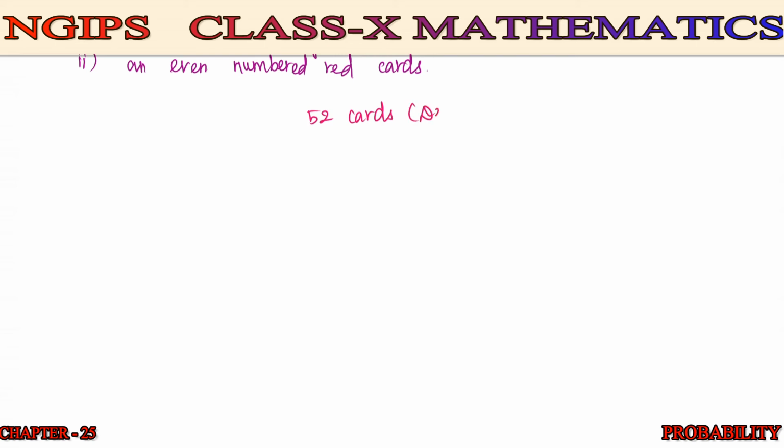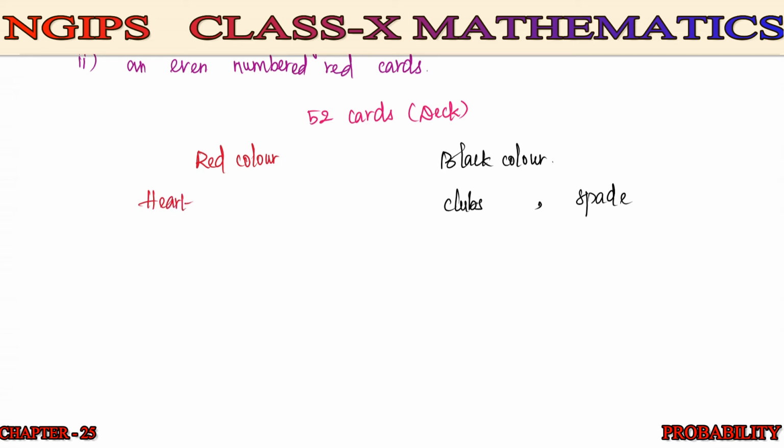This 52 cards is going to be divided into red color cards and black color cards. Black we have club and spade. And red we have heart and diamond.